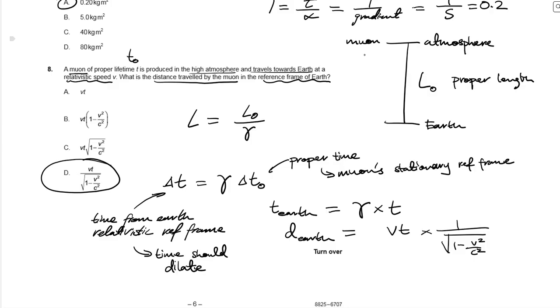Now the muon is traveling towards Earth, so for the muon, Earth is moving towards it, right? It's contracting, the length is contracting. So this is the L, and this is length contraction, or contracted length.